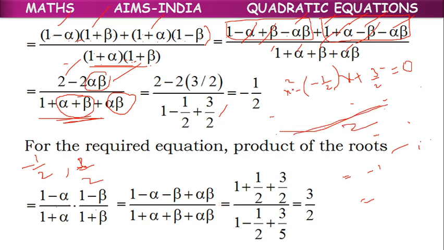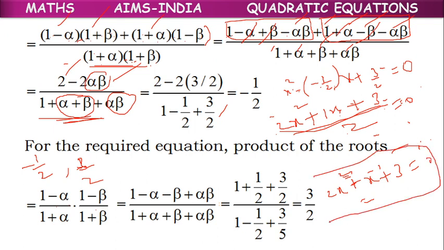LCM is 2. 2 into x square, 2x square. Minus into minus plus. 2 1 is 2. 1 1 is 1, 1x. 2 1 is 2. 1 into 3, 3 equals 0. If we simplify, 2x square plus x plus 3 equals 2 into 0, 0.